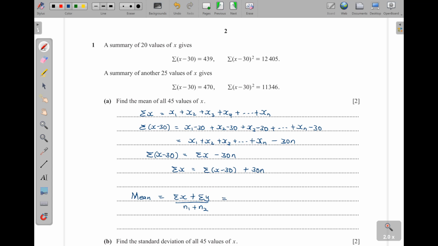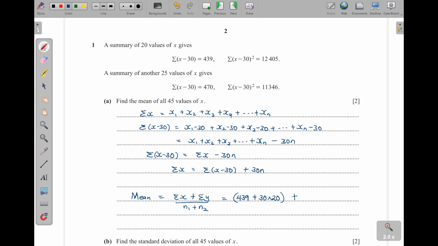Since we have seen here that summation of x is equal to this plus 30n, up here we have summation of x minus 30 given as 439, so I will have 439 plus 30 times n. N is the number of values we have, that is 20, so times 20. That is for one group.